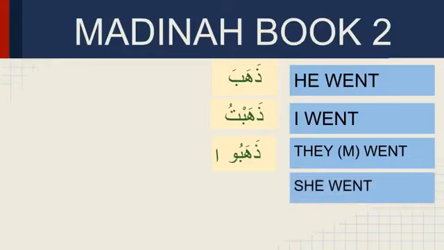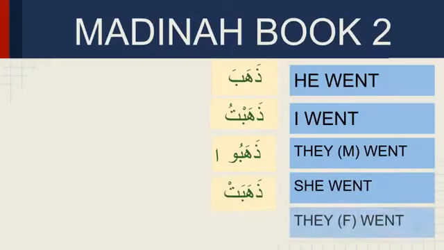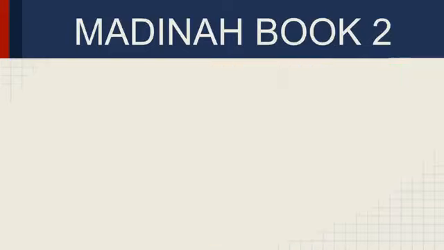She went will be dhahabat. And if I say they, all female, went, it will be dhahabna. So this is how we need to relate. We need to use the appropriate verb for the appropriate sentence, inshallah.